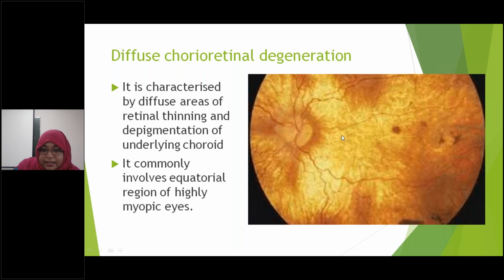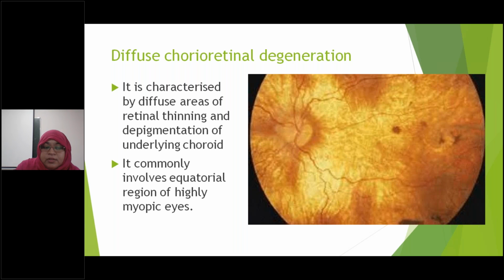This white whatever you see is the underlying sclera. And there is somewhat depigmentation, which is due to the choroid. So retinal thinning along with depigmentation of underlying choroid is diffuse chorioretinal degeneration.